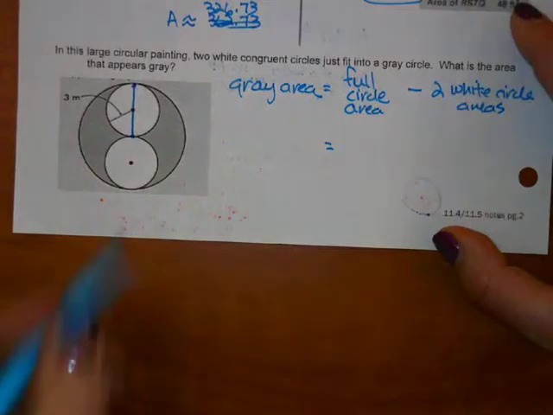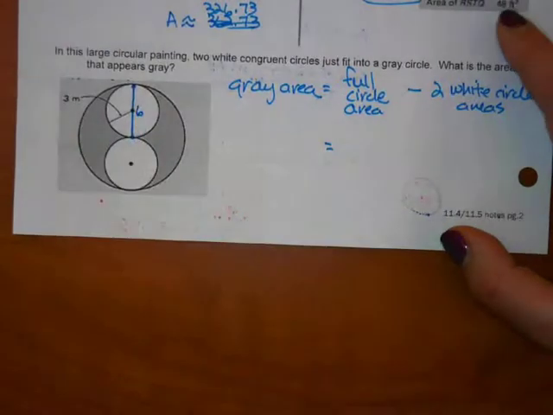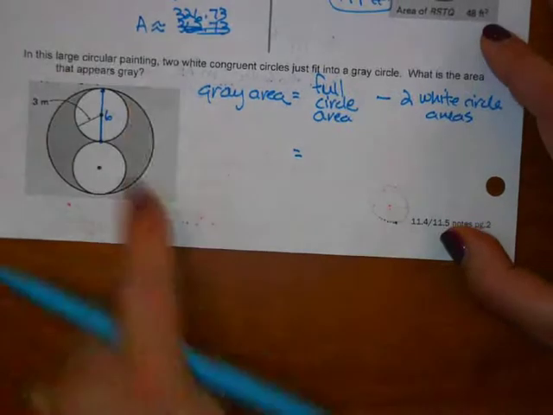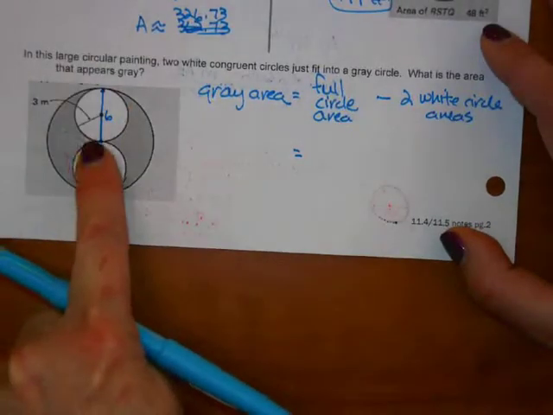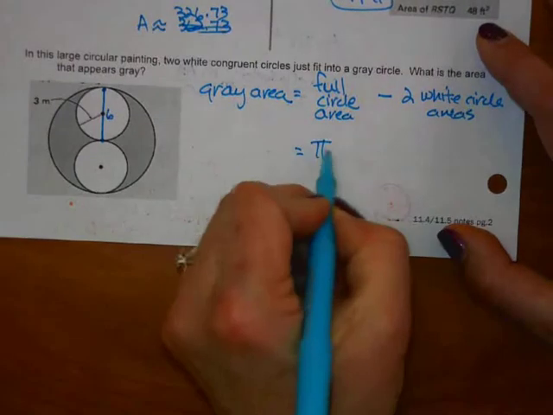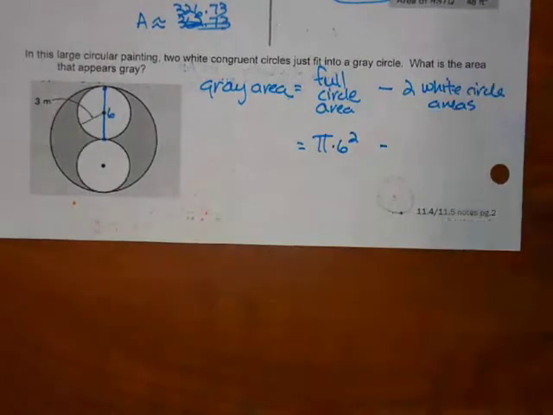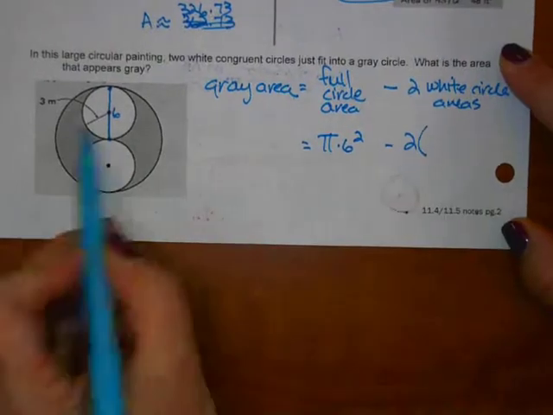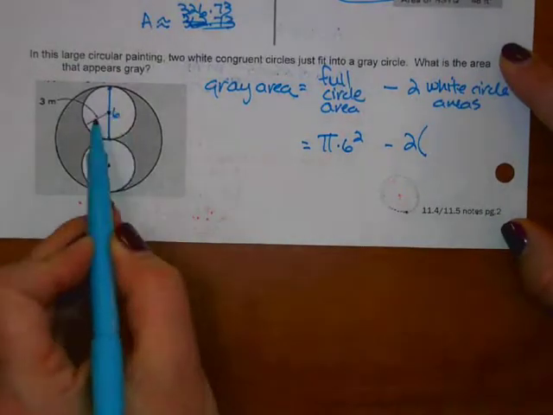Which is 6, right? So in order to find the area of the gray circle, I would just use pi r squared, and my radius is 6. So pi times 6 squared is the area of the gray circle. Then I have to subtract 2 times the white circles. What's the radius of one of the white circles? 3.